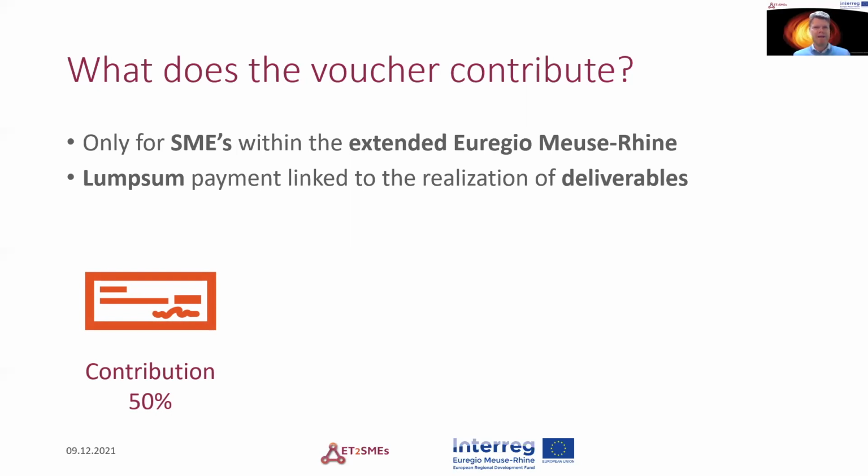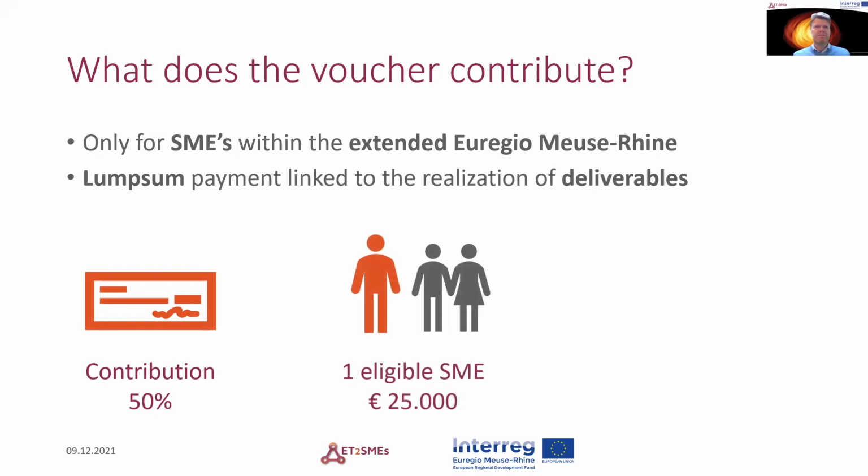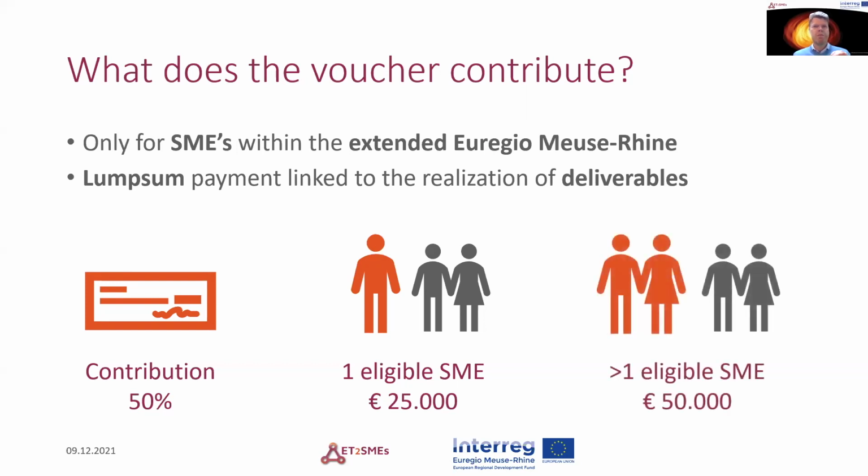And of course, we have a maximum, and there are two possibilities. If there is a consortium that has one eligible SME, then the maximum voucher value is €25,000. And if the consortium consists of more than one eligible SME, 2 or more, then the maximum voucher value is €50,000. So 50% of the costs with a maximum of either €25,000 or €50,000.